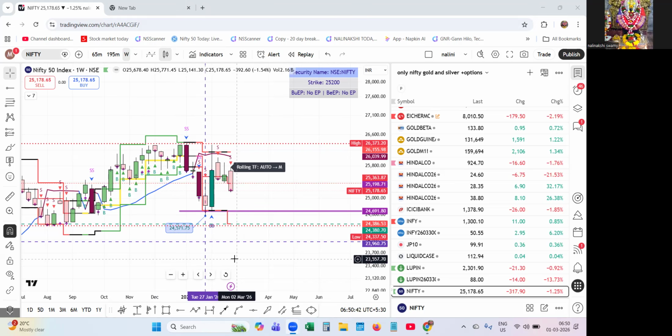If market gaps down but holds above previous day low, this is previous day low, then it reclaims pivot, it shows absorption. Then short covering rally possible. Otherwise, remember, in panic situations, first move will be emotional, second move will be structural.